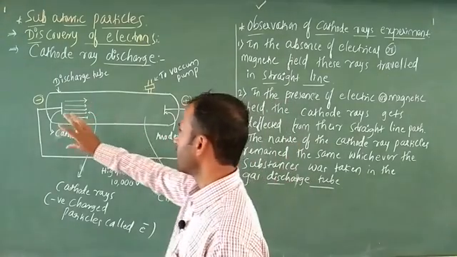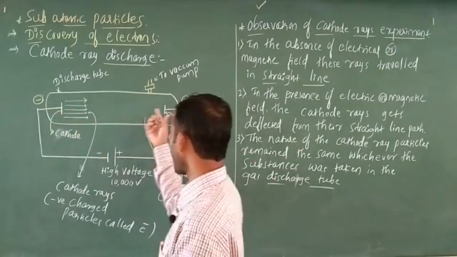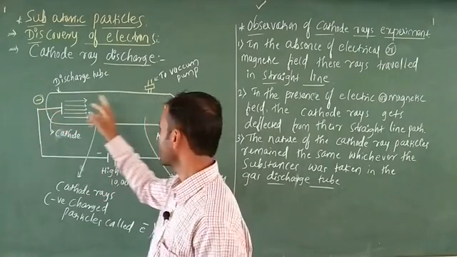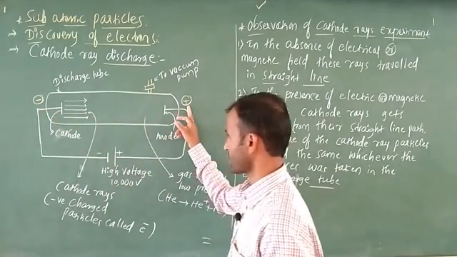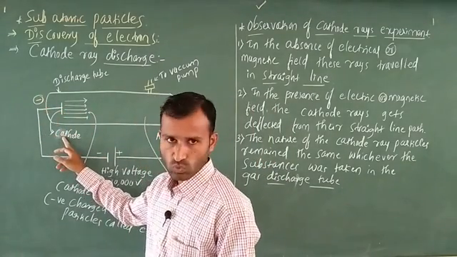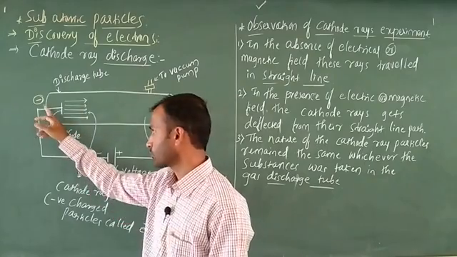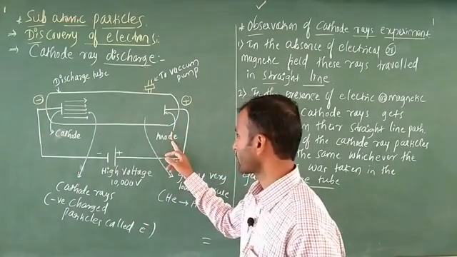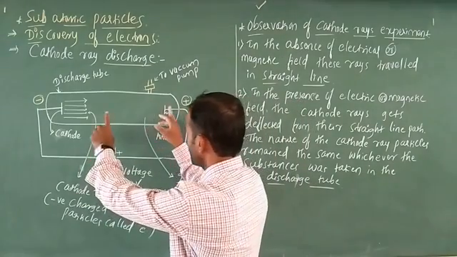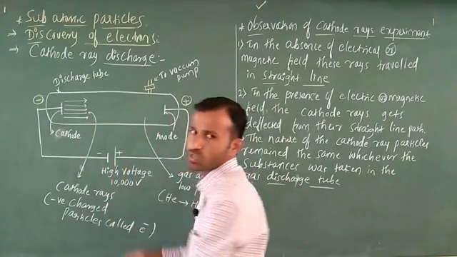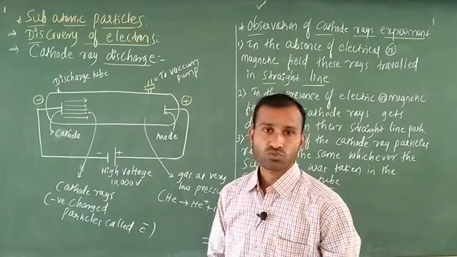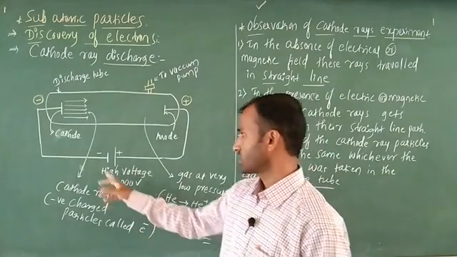They make two ends: one end has a negative charge and the other has a positive charge. The negative end is called the cathode, which is the negative charge. The anode is the positive charge. This is connected to a high voltage battery, approximately 10,000 volts.